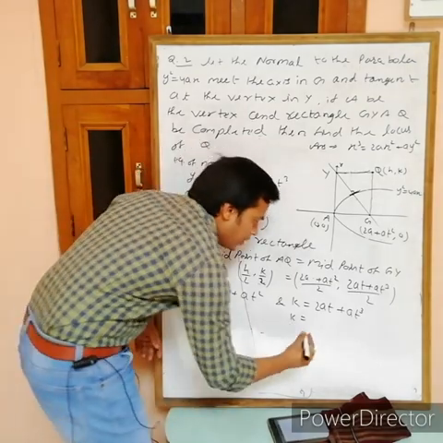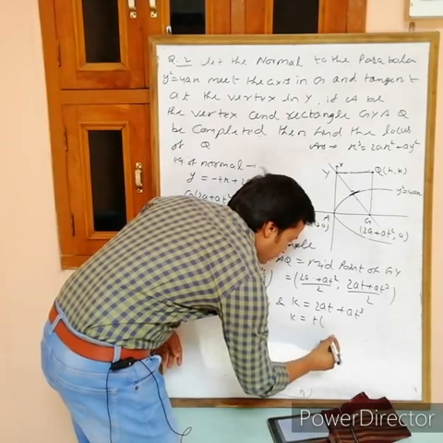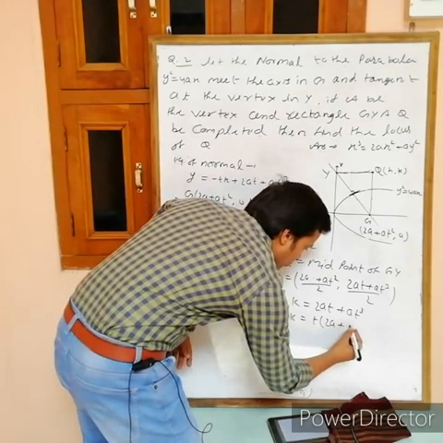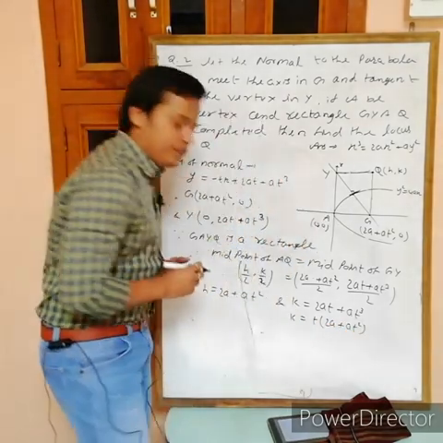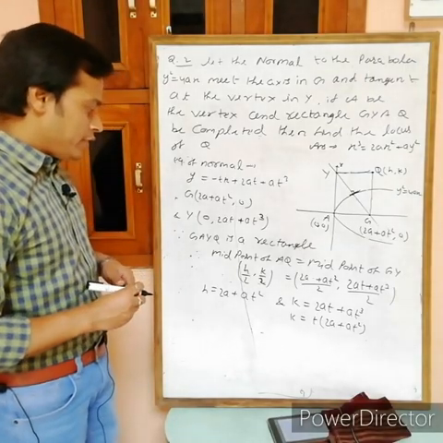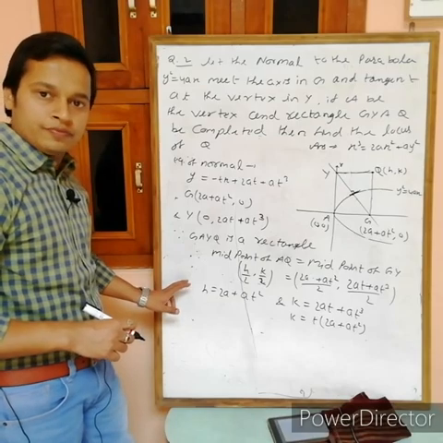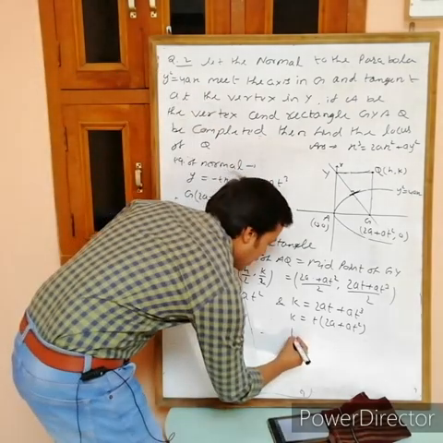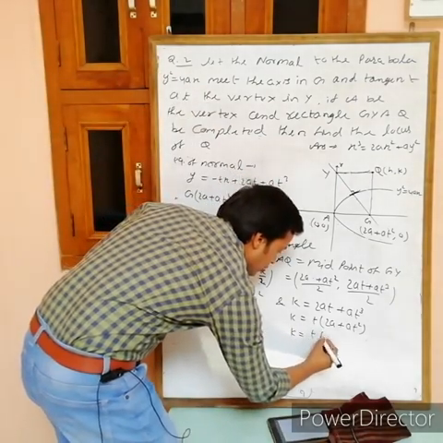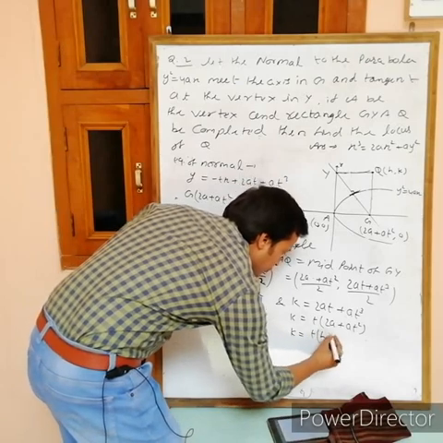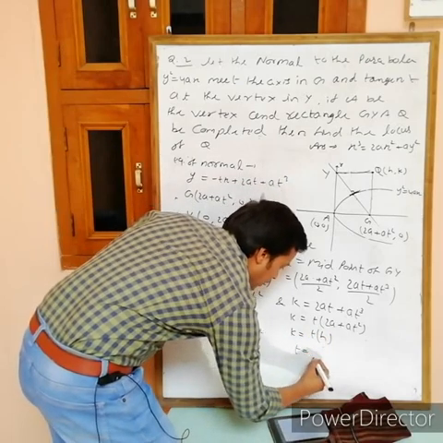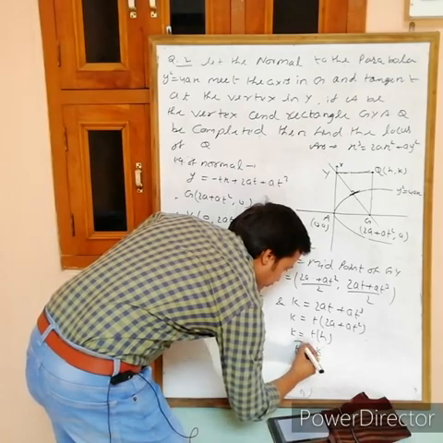Now see, if you take common t, then we are getting 2a plus at square, and 2a plus at square can be written as h. Then k is equal to t into h, and from this one we are getting t equals k by h.